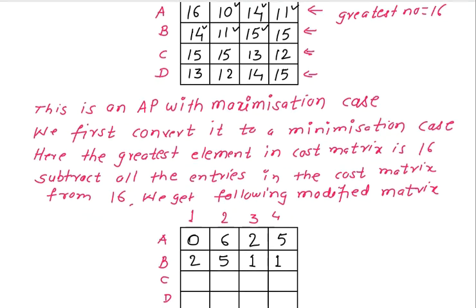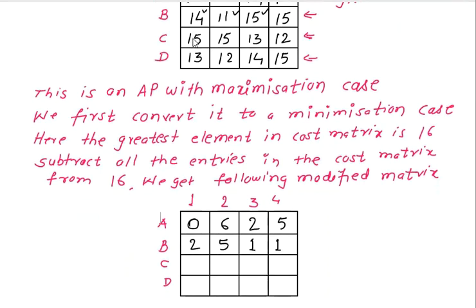Then in the third row, subtract 15 from 16, we get 1. Then subtract 13 from 16, we get 3. Subtract 12 from 16, we get 4. Subtract 13 from 16, we get 3. Then subtract 12 from 16, we get 4.